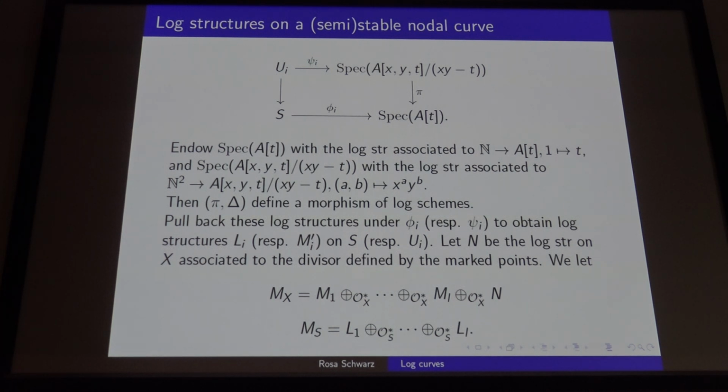Yes. I thought if you took a normal crossing variety or something, then there's an obstruction to putting a log structure. Does this obstruction disappear in the case of curves? Is this what you're saying? I'm not entirely sure what this obstruction is. I think David keeps nodding.